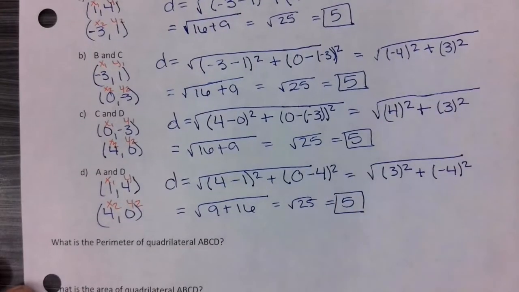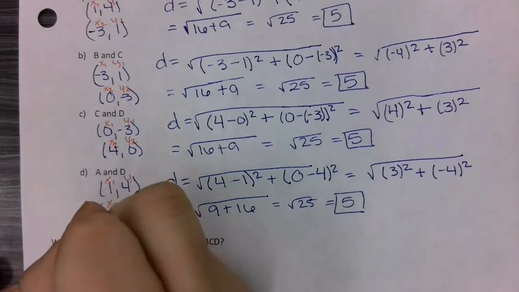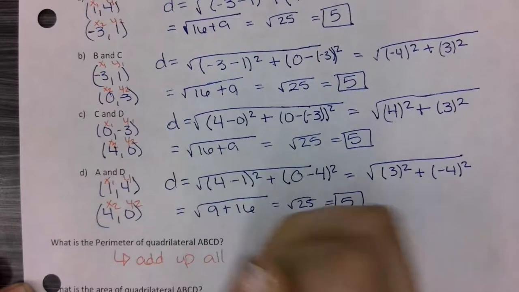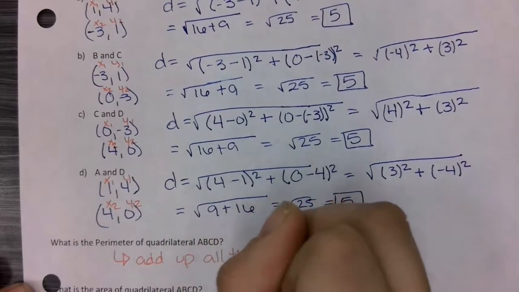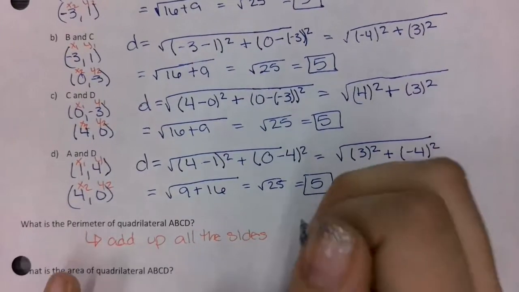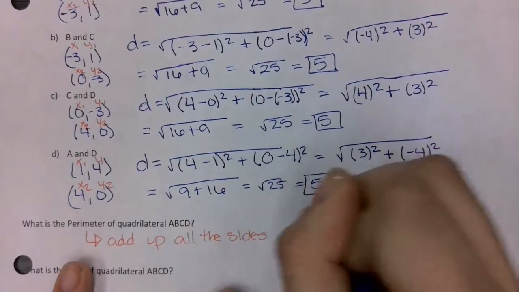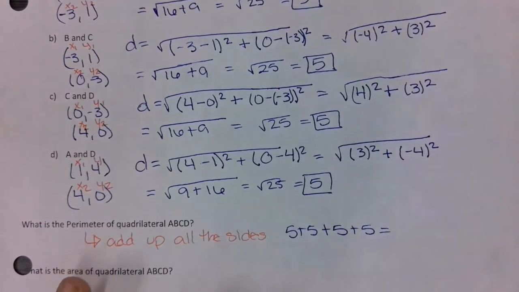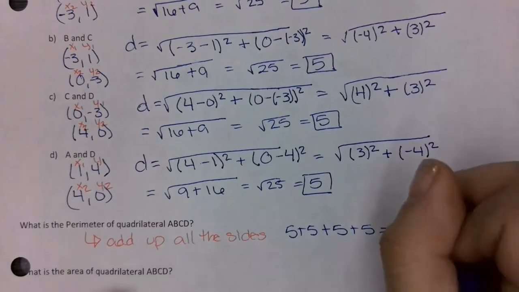How do you find perimeter? Yep, add up all the sides. So I'm going to add my 4 5s. That's 20.